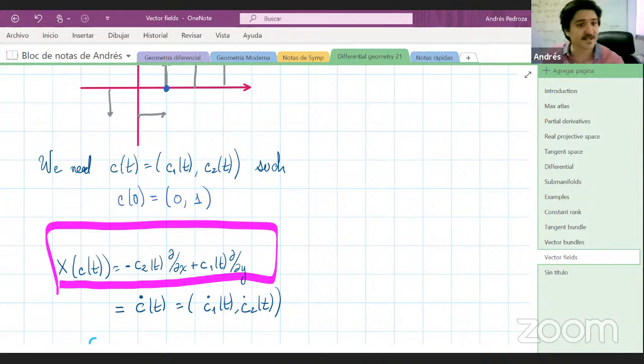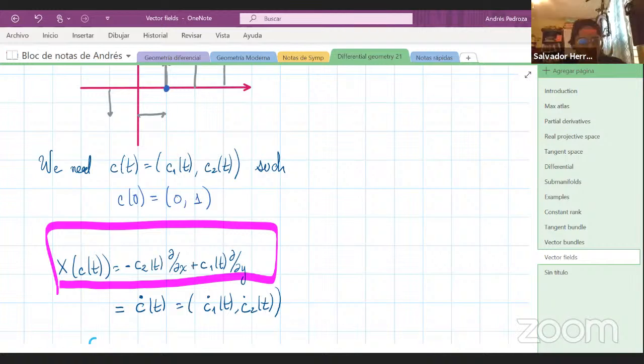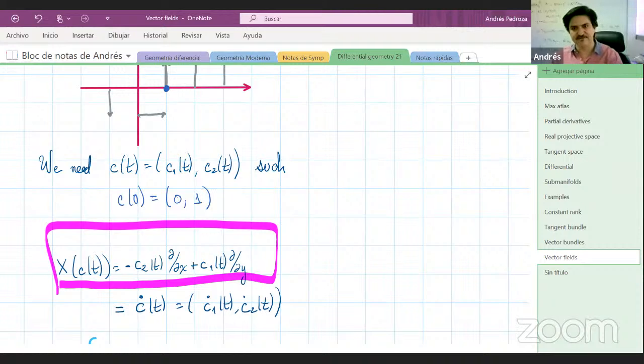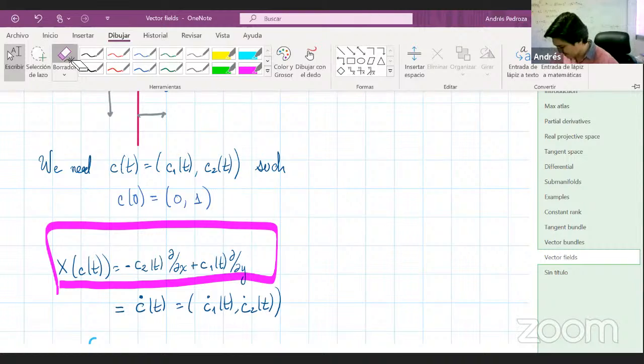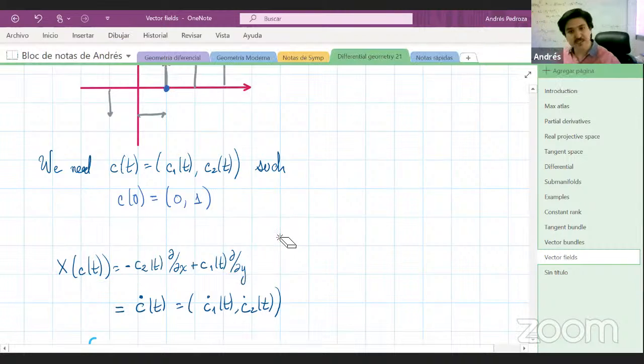Okay, sorry about that. Now, the first line is just the definition of the vector field. That makes sense? Yes. Okay, and now on the second line, I just have the derivative of the curve. So let's put all of this information together so that we will have the system of ordinary differential equations.